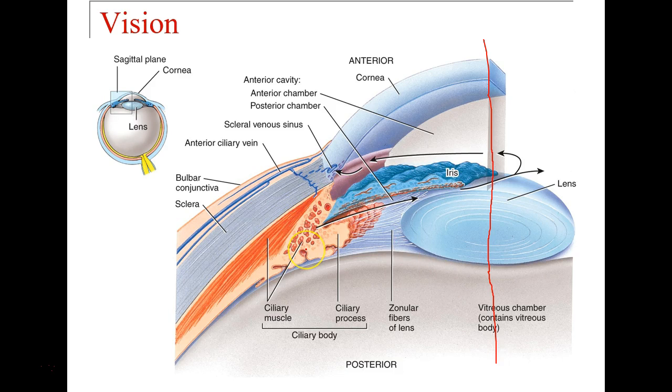But here we can see where aqueous humor is produced in that ciliary body, and it moves through the posterior chamber, through the pupil, then into the anterior chamber, and then is reabsorbed in the scleral venous sinuses.